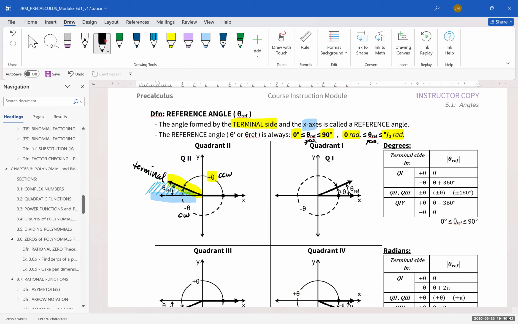Now, there will be a time when you practice this enough that you'll develop the number sense for this mathematical concept, and you won't need formulas anymore. You will be able to look at it and determine how you need to calculate the reference angle, how you need to calculate a coterminal angle, and so on.